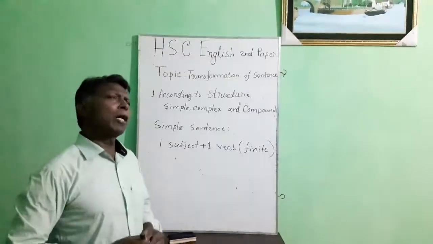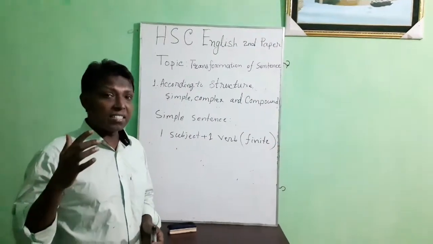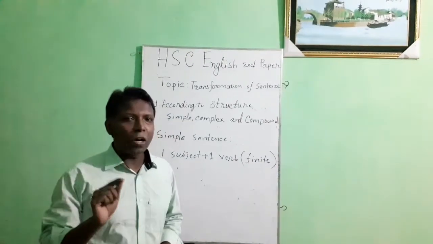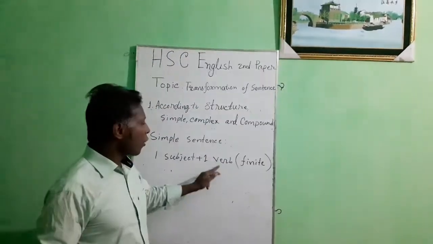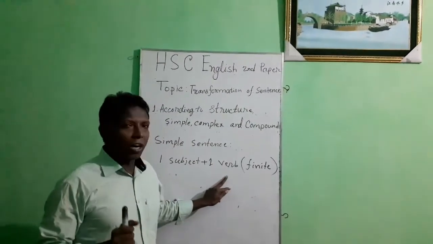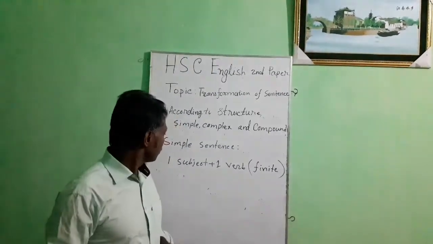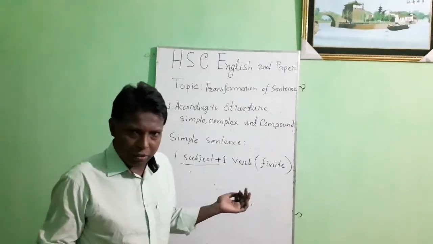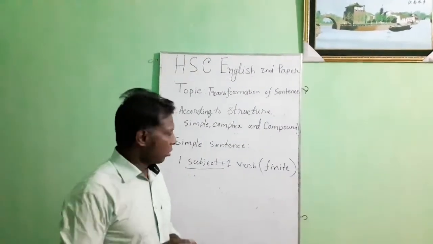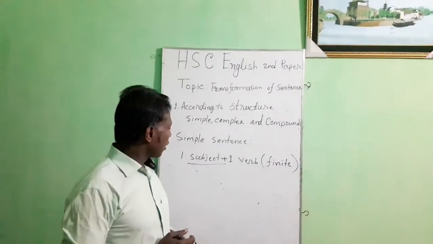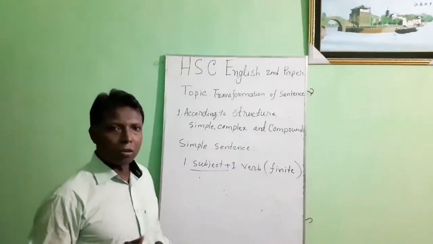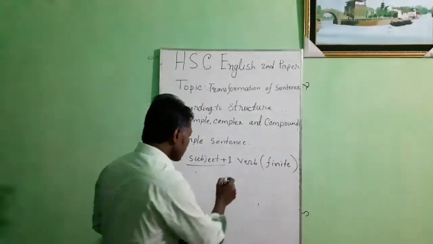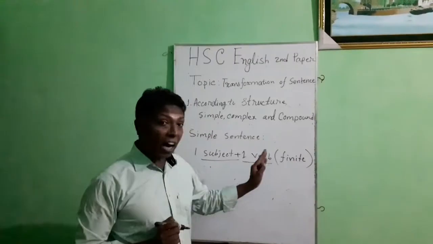So, whenever we think of a sentence that is simple, we'll think it will take one subject and one verb, particularly a finite verb. Now, in case of subject, you know what is subject, the doer, or the one who takes or plays the action, we call it doer. One verb means finite verb.